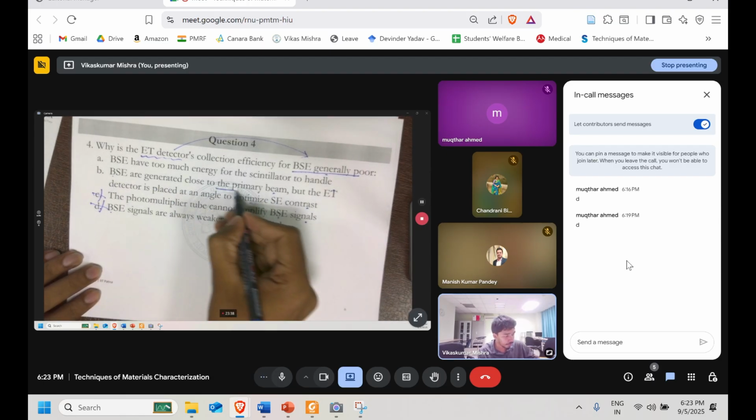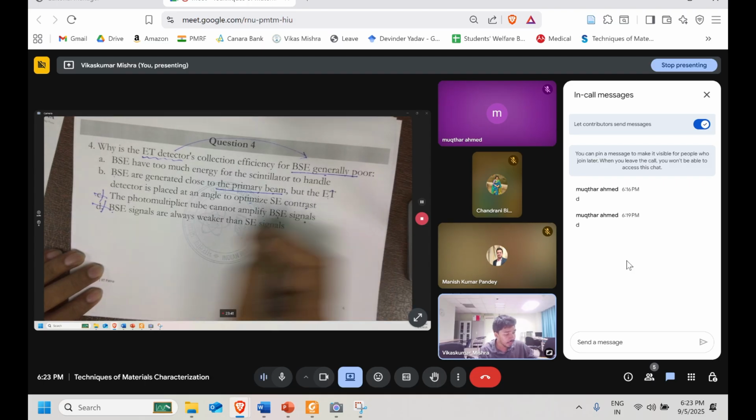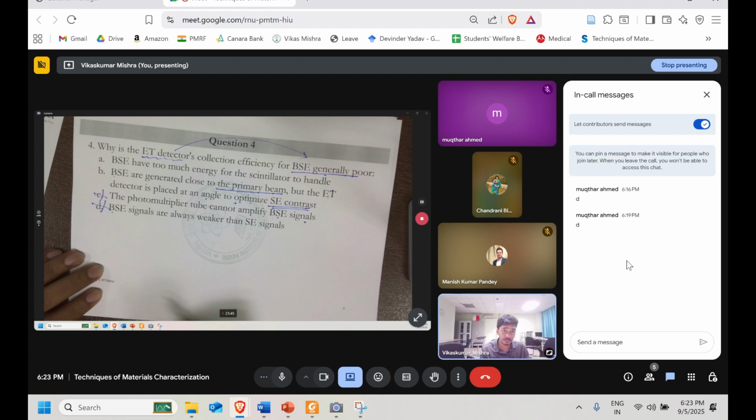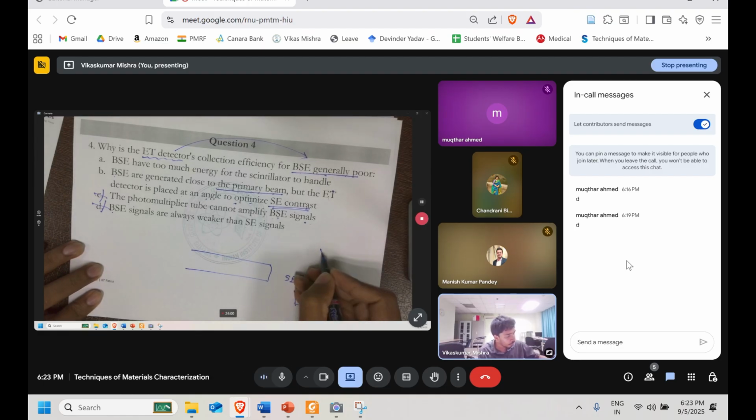This is right. But the ET detector is placed at an angle to optimize the secondary contrast. See, let us say I am putting my ET detector over here, and this is my specimen. From the specimen I am getting the secondary electron. I am also getting a lot of backscattered electron.